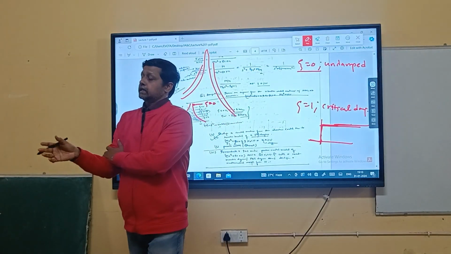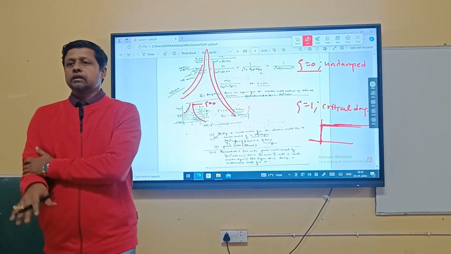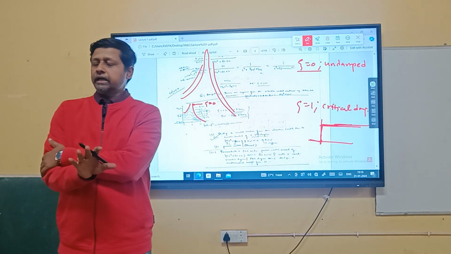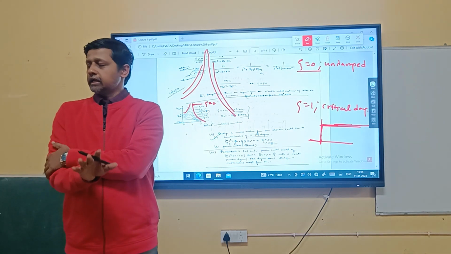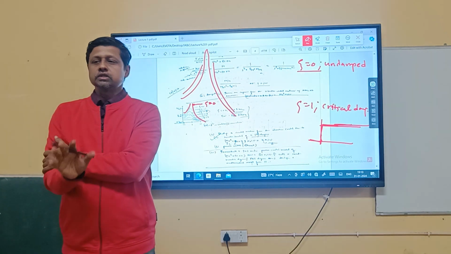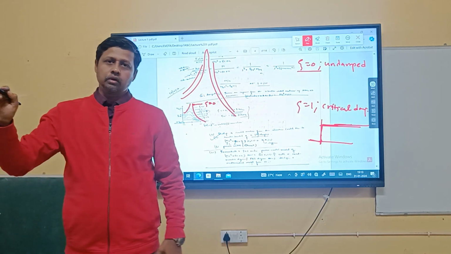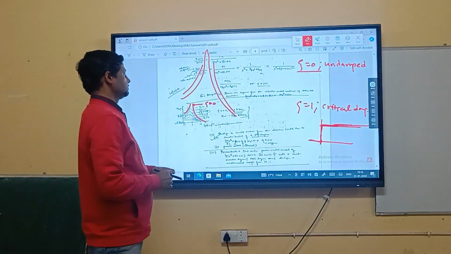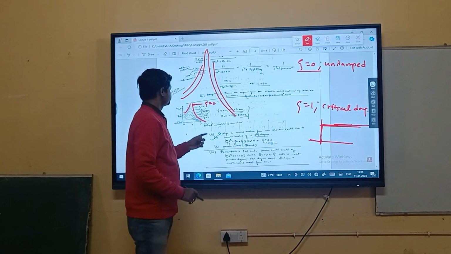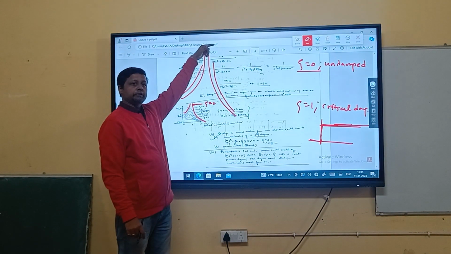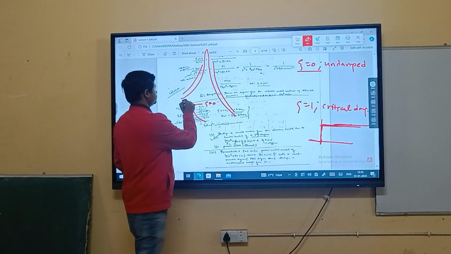Now, to realize any function or any signal or any system practically, it has to be a causal system or causal function or a causal signal. Probably you have already studied this part in signals and systems. If not, revise. Getting my point? Now you keep increasing the value of zeta. What will happen?